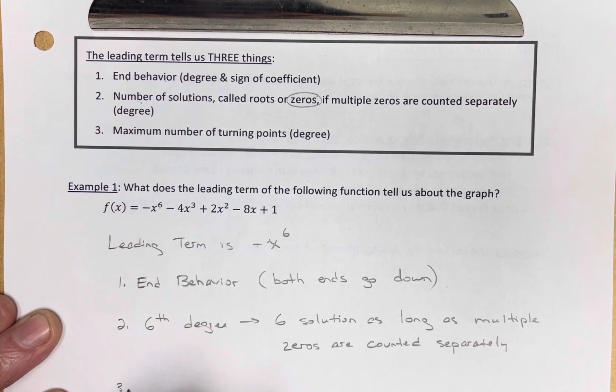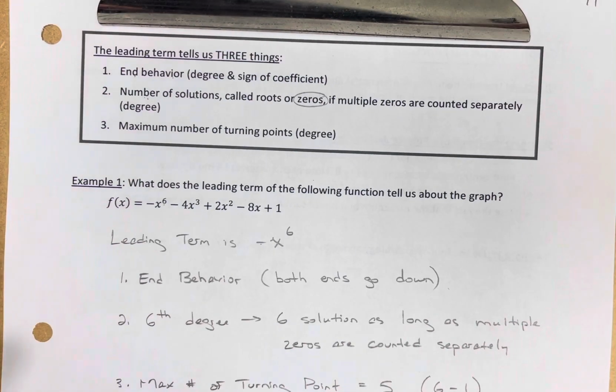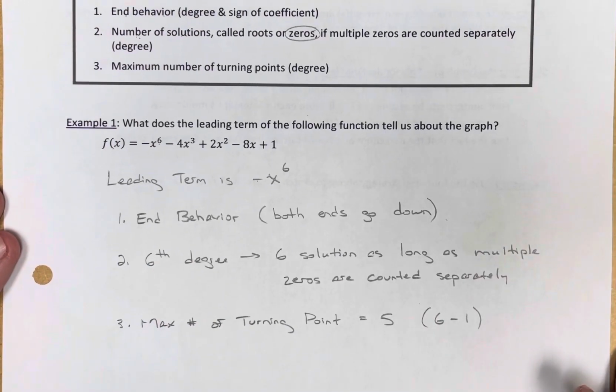And finally, it tells us the maximum number of turning points is equal to 5, which is 6 minus 1.